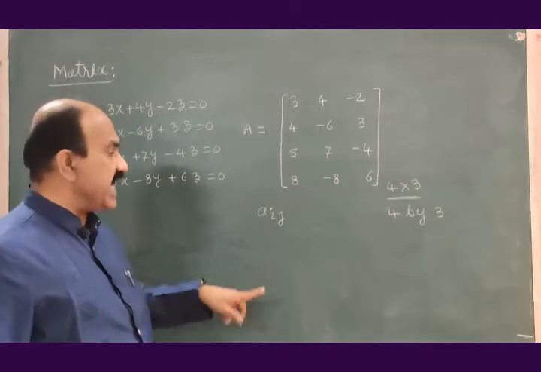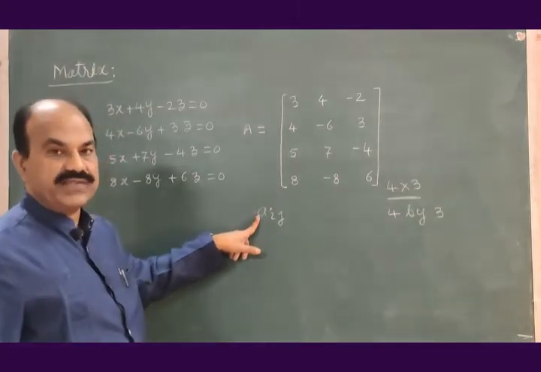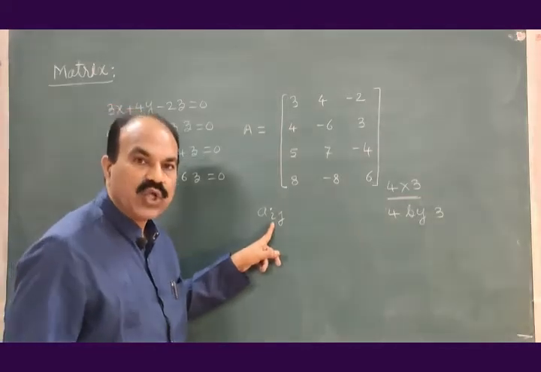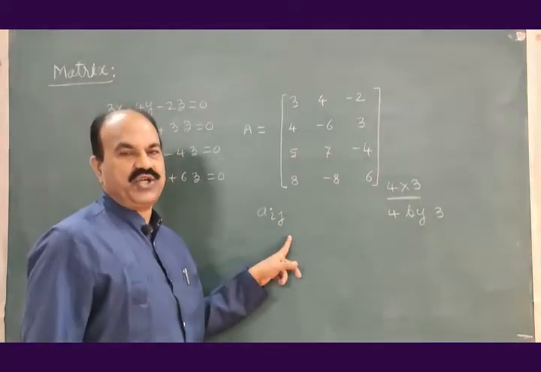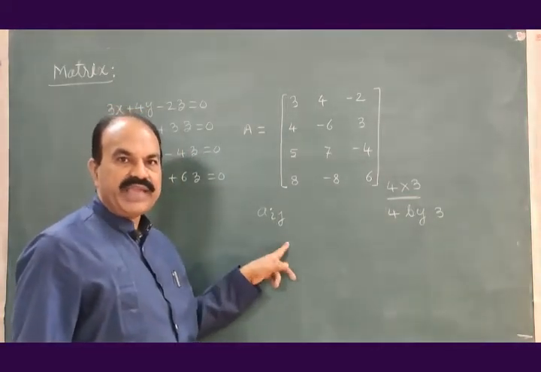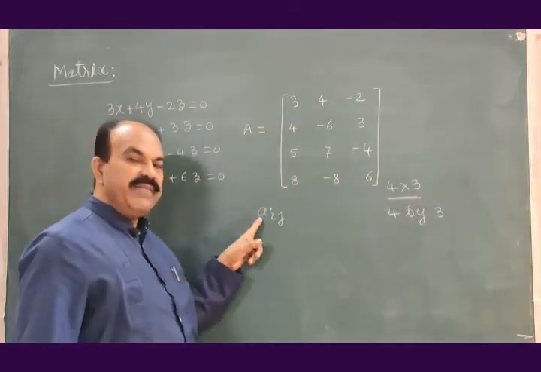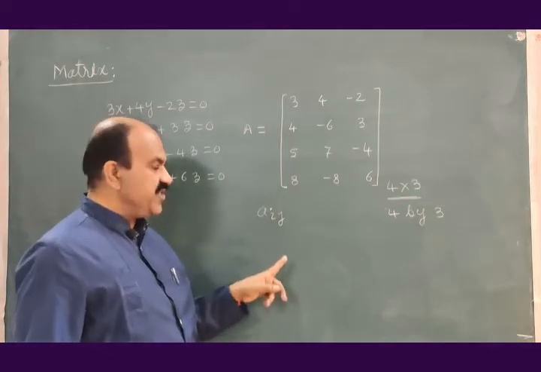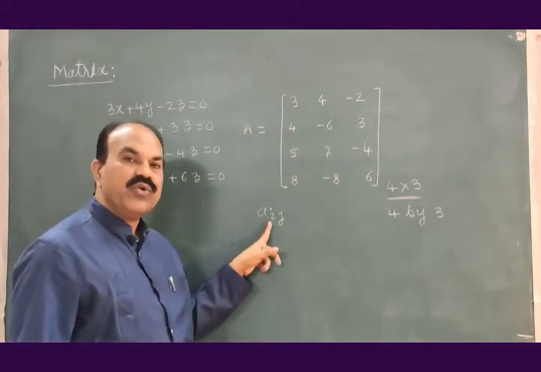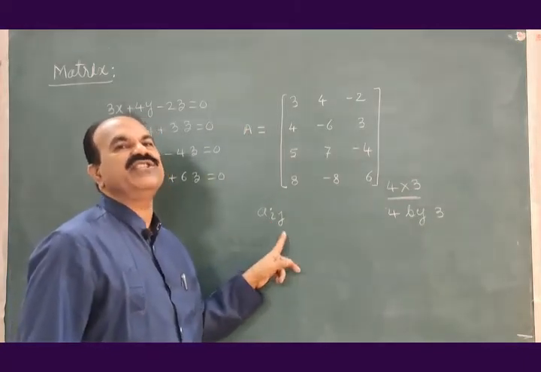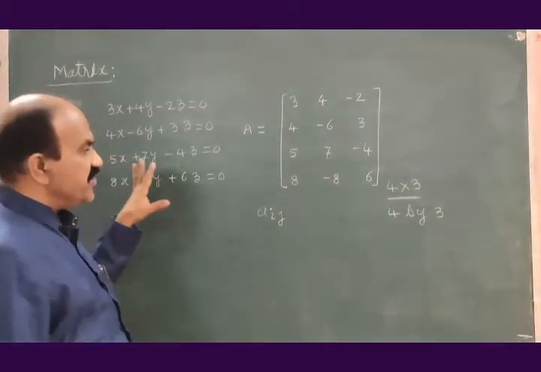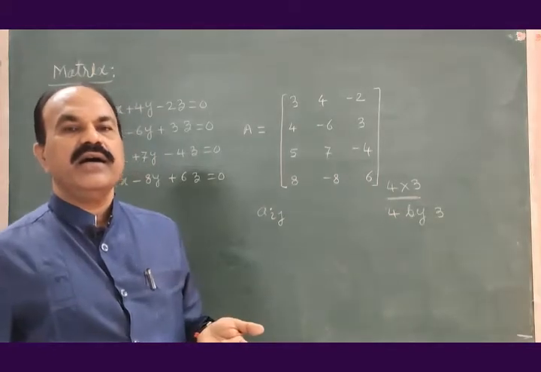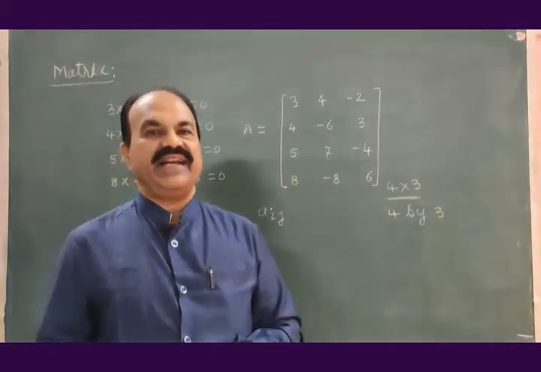Aij means that the element a of matrix capital A lies in the ith row and jth column. This is in general the idea about a matrix.